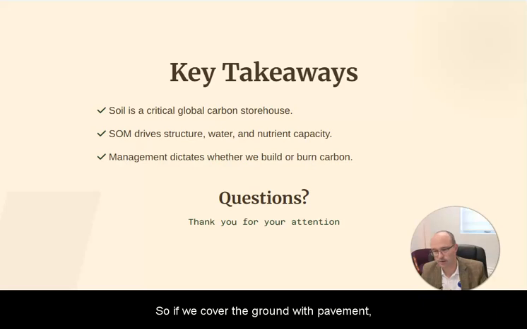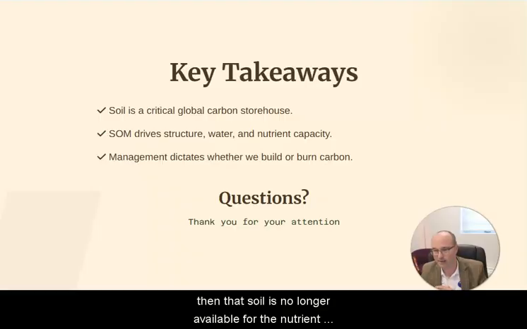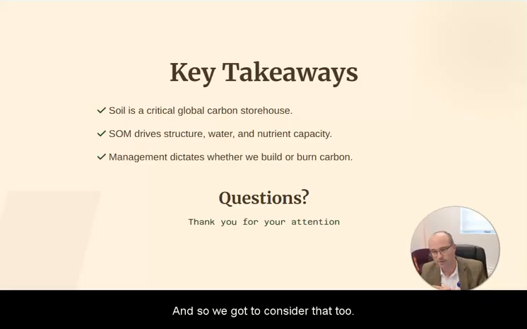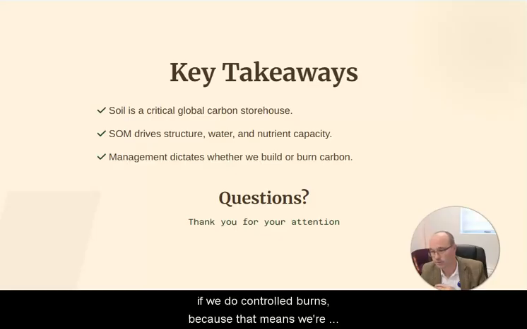If we cover the ground with pavement, then that soil is no longer available for the nutrient cycle or the carbon cycle. We also have to consider that if we do controlled burns, we're releasing some of that back into the atmosphere. Those are all things we need to consider. Obviously, fires are a natural component of our ecosystem, but it's still something to consider.